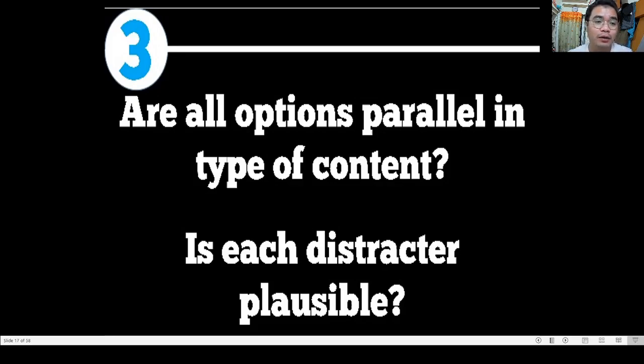When we talk about plausible distractors, ito yung mga distractors na nakakahikayat na piliin ng estudyante mo. Ayaw naman natin na napakadali lang ng tanong. Maaaring mahirap yung stem, pero dahil yung options mo, ma-figure out ng bata kung anong tamang sagot, ibig sabihin nun, hindi plausible yung distractors mo.